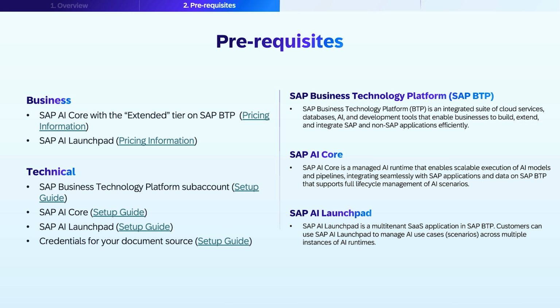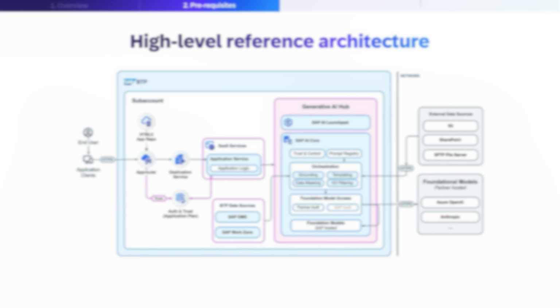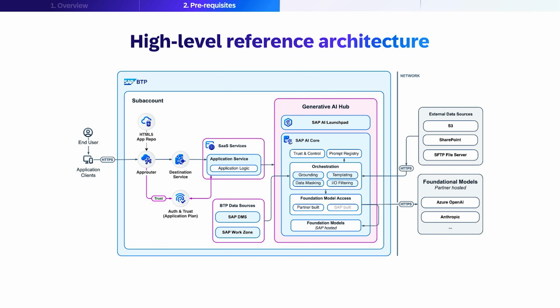Let's examine the high-level reference architecture for implementing RAG-based applications on SAP BTP using document grounding. The diagram shows the complete flow from end users to foundational models, starting from the left, with end user access to the SaaS service after successful authentication from the SAP Cloud Identity Services Identity Authentication Service.